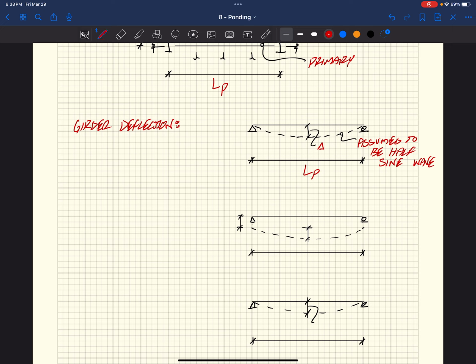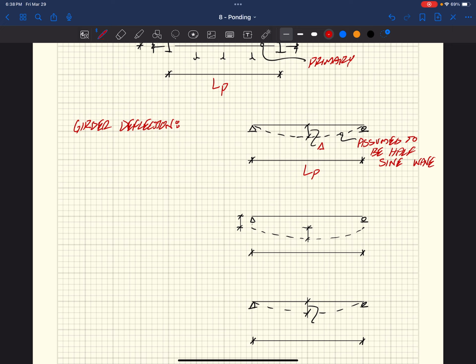Girders are the primary system versus the secondary system, and it all kind of is derived based on these assumed deflection states. So if we look at the girder deflection, we get what we see here, right? Zero at the supporting columns. We assume that those are definitely way stiffer than the supporting member.